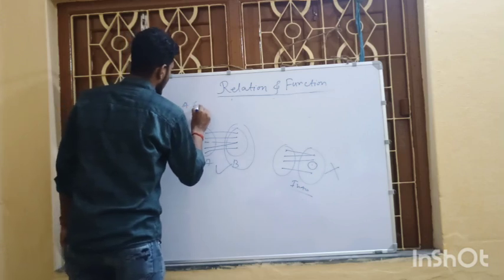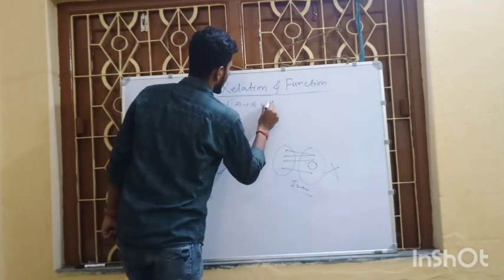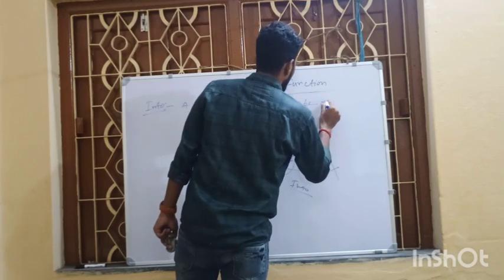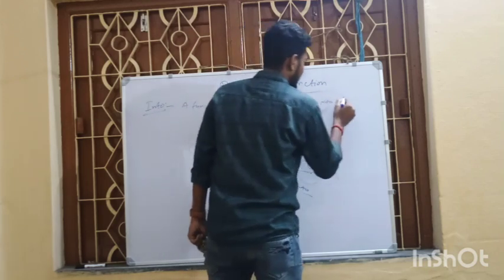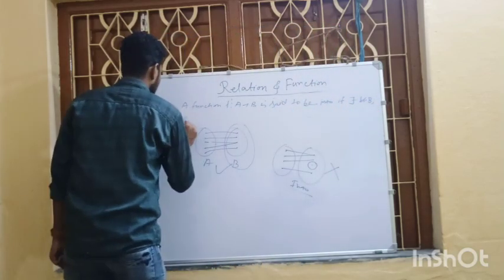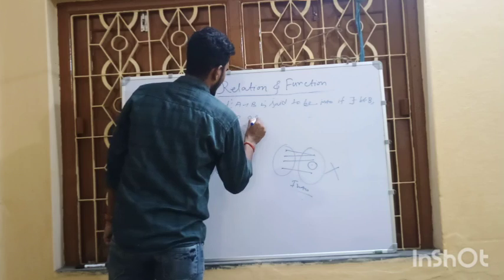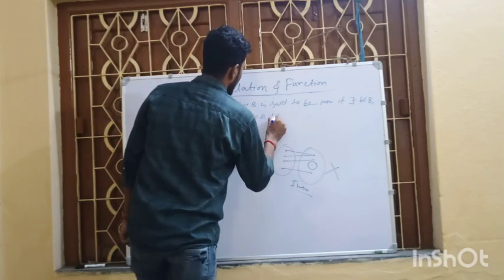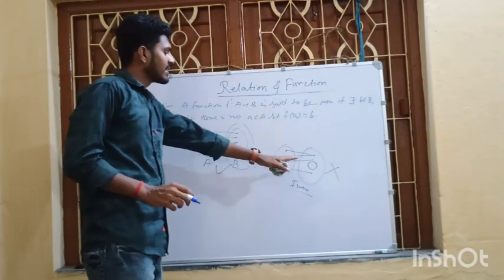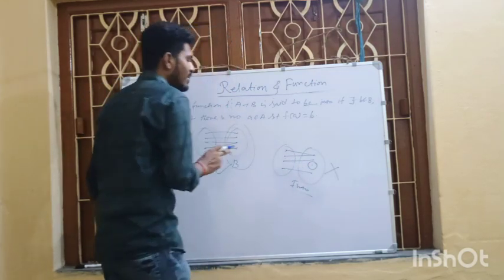A function f from A to B is said to be into if there is at least one element in set B which has no pre-image in set A, and this map is called into.